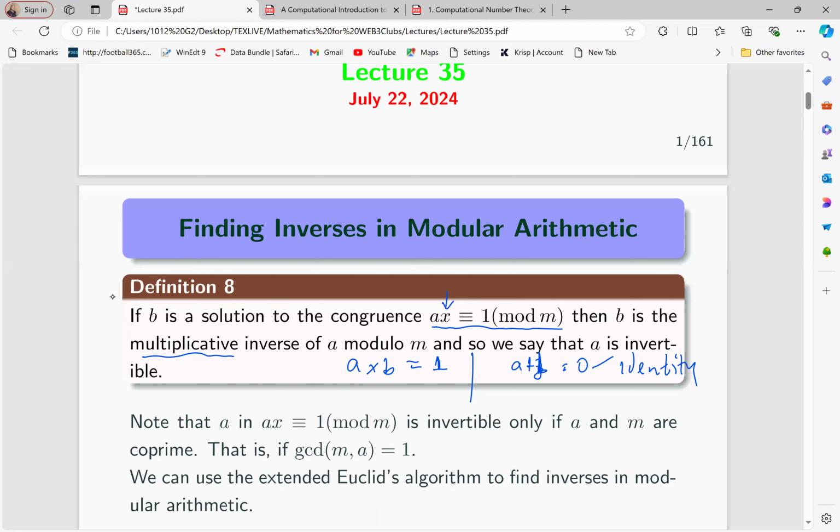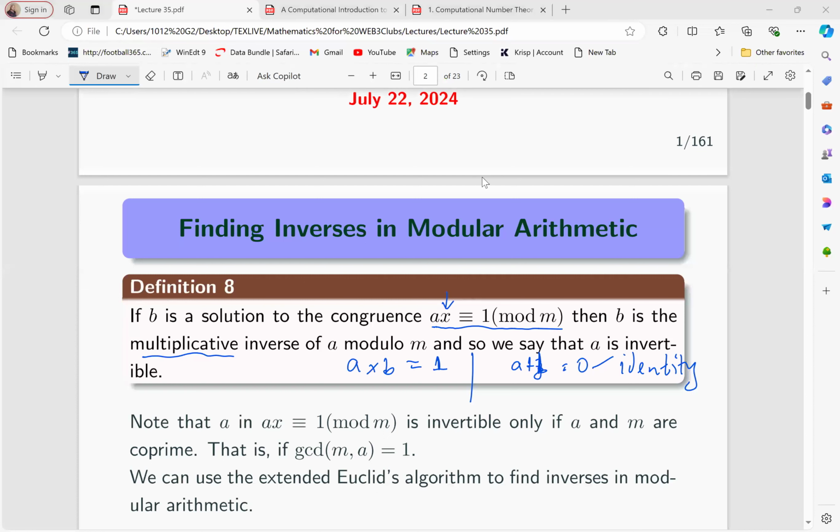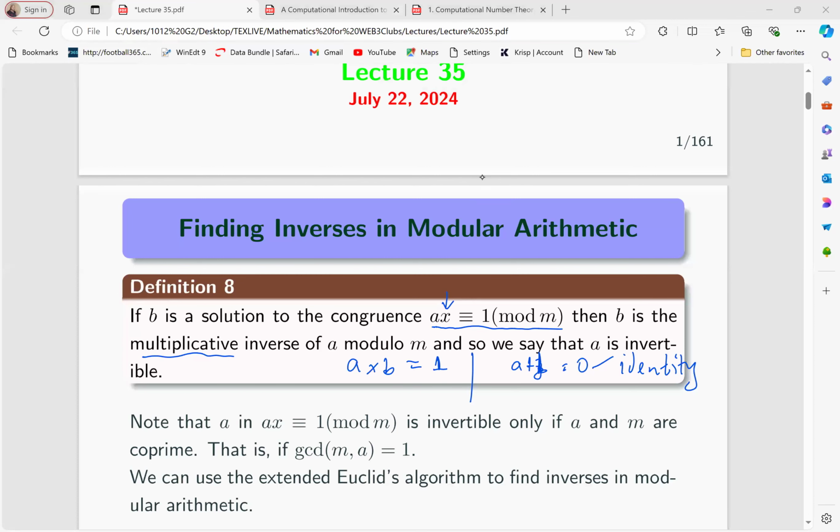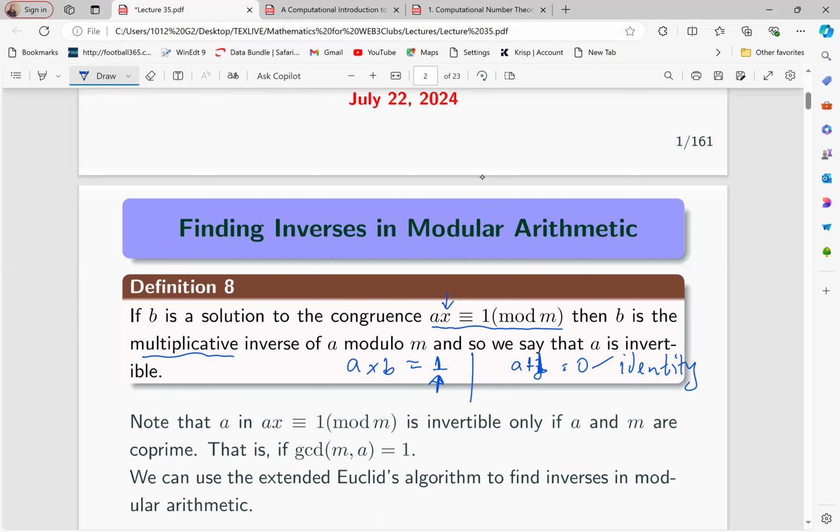Identity elements are elements which do not make any difference on other elements. We'll be looking at this when we begin looking at groups and rings, and the properties of groups and rings. Now, 1 is also the identity element under multiplication. That means any element multiplied by 1, the result will be that element.